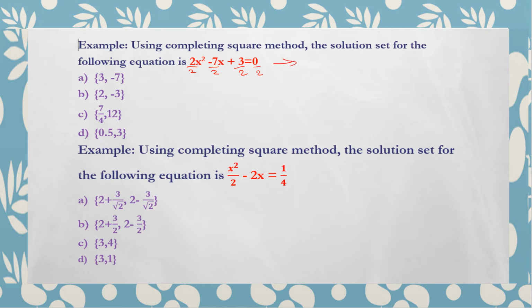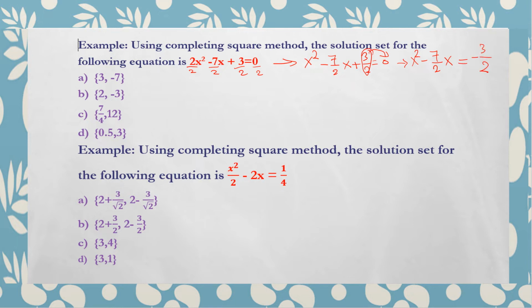And this would equal x squared minus 7 over 2 x plus 3 over 2 equals 0. After that, we have to put the constant term at the right hand side, and this would equal x squared minus 7 over 2 x equals minus 3 over 2.